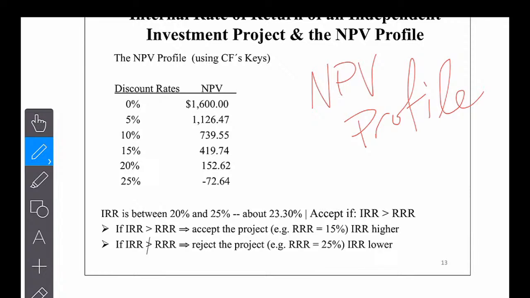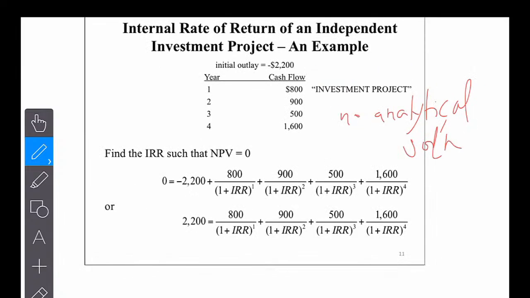So what you're doing is CF, negative 2200, enter, down. C01 is 800, enter, down, frequency 1, enter, down. Cash flow 2 is 900, enter, down, frequency 1, enter, down.